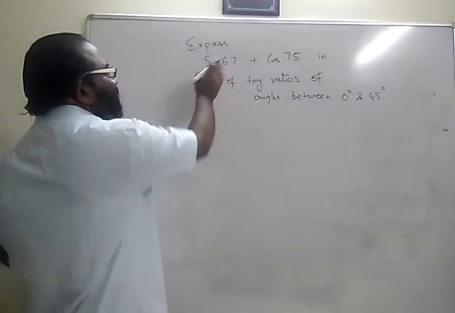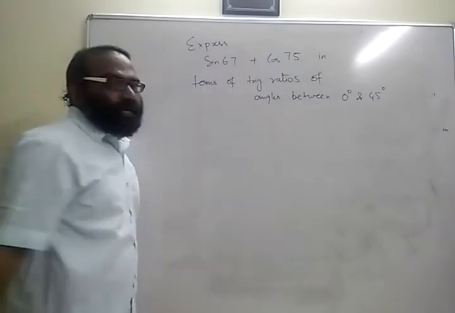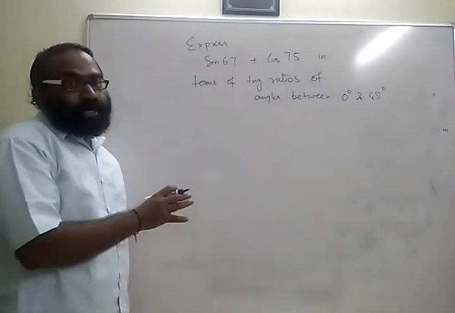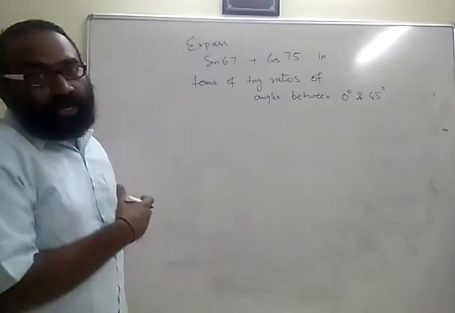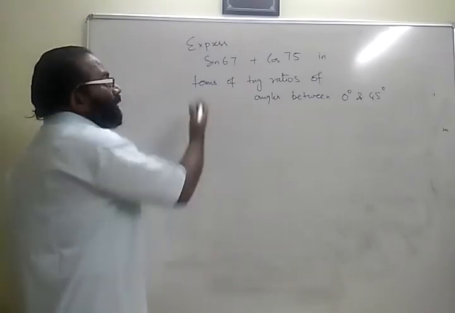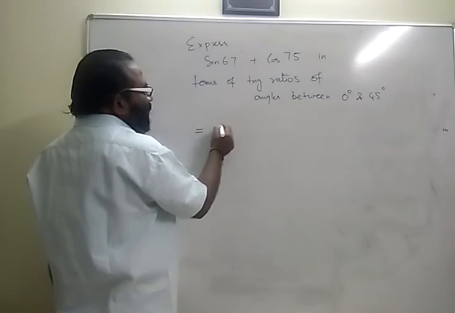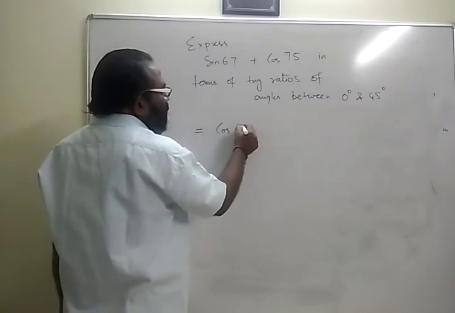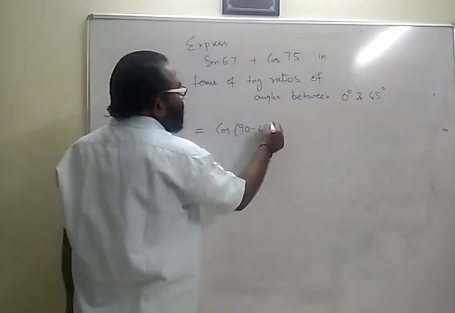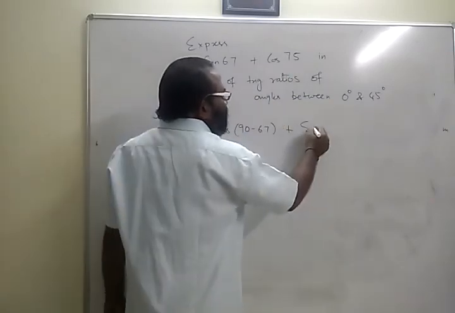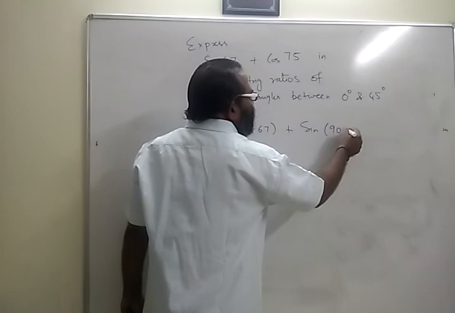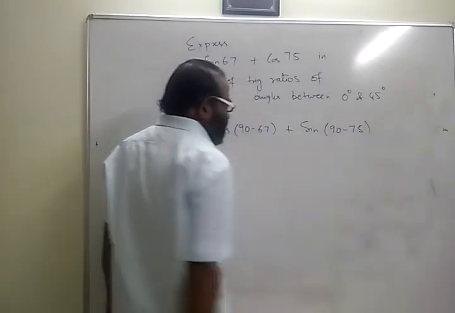Now I have sine 67 and cos 75. I want it in some trigonometric ratio, but the angles should be between 0 and 45. So now again we use the same method. So sine 67, I can write it as cos of 90 minus 67 plus this cos 75 can be written as sine of 90 minus 75.